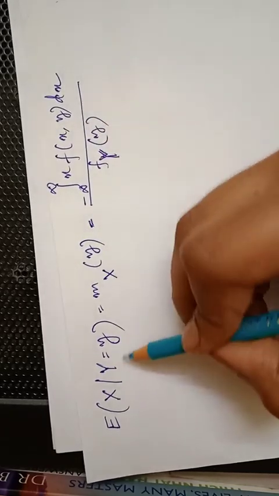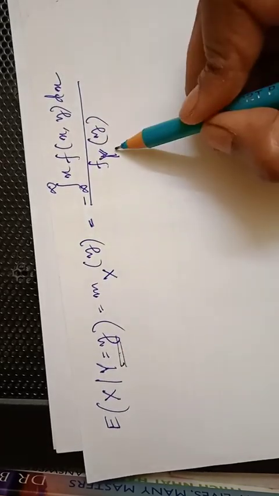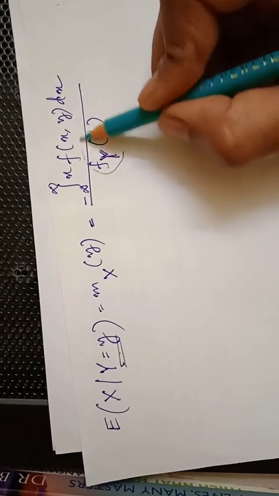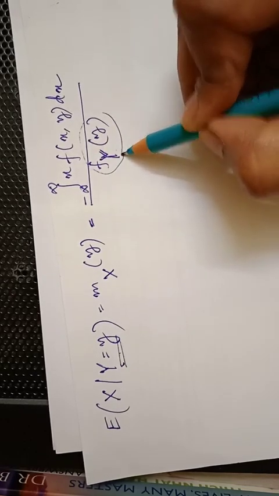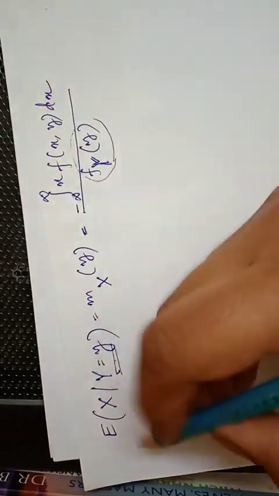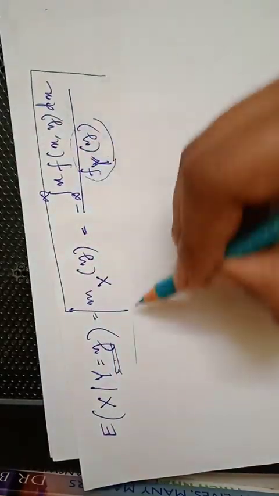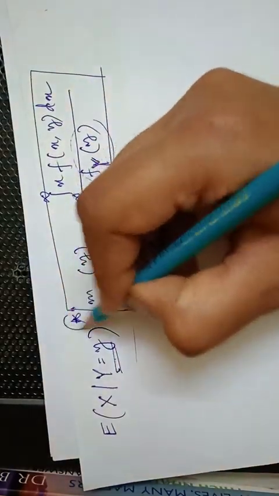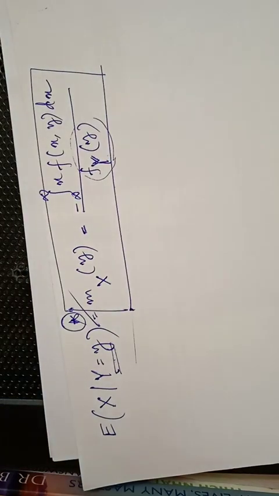Okay, whatever has already occurred we need to put it in the denominator as its marginal density function. So this is also another very important formula throughout the discussion. Okay, marginal mean or marginal expectations.